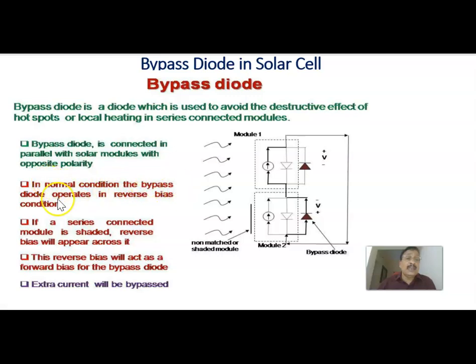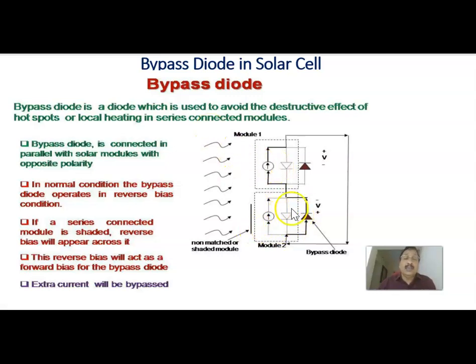In normal condition, the bypass diode operates in reverse bias. But if a series connected module is shaded, reverse bias will appear across it, and that will cause power dissipation, as I already explained.